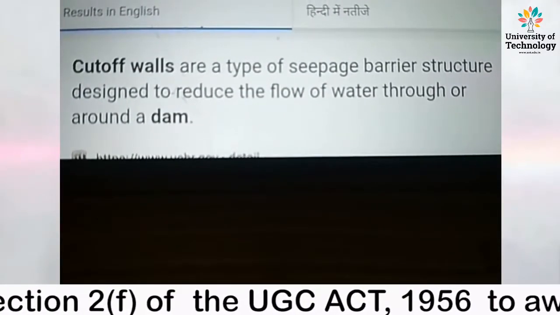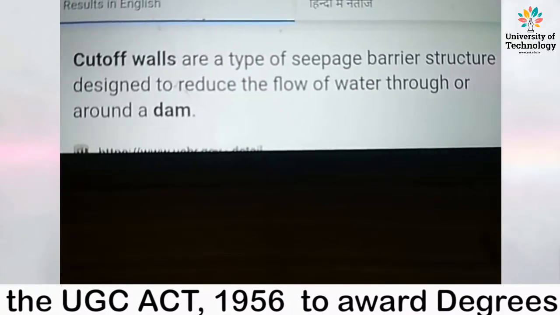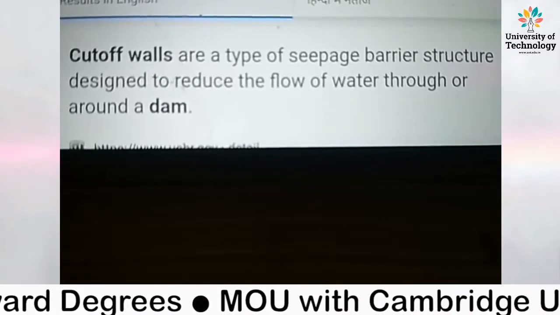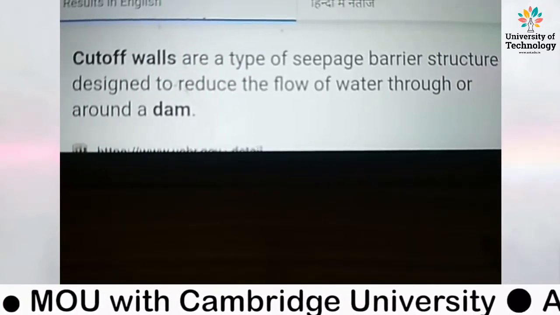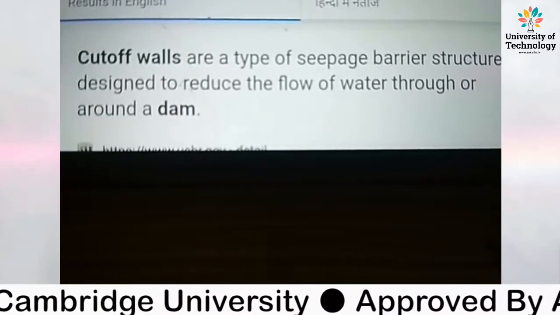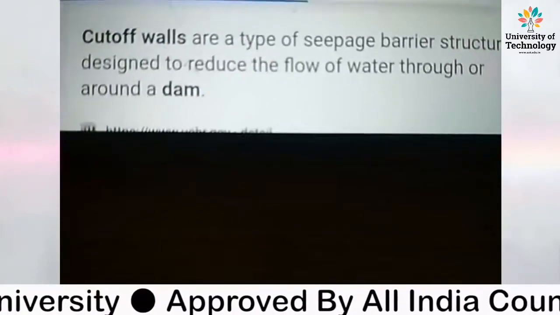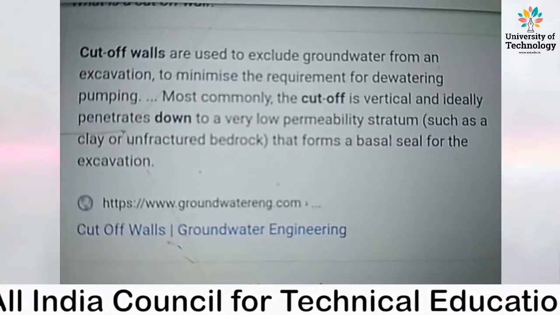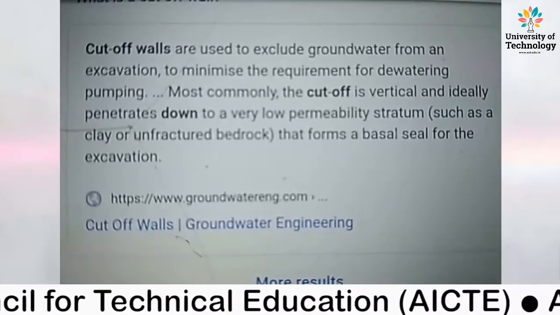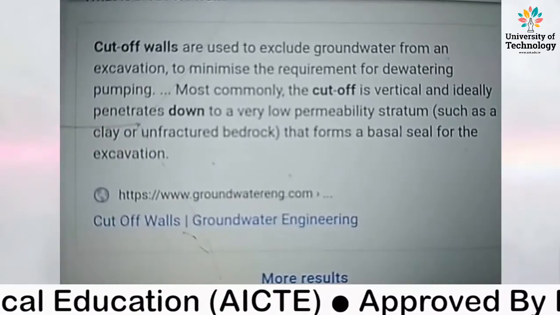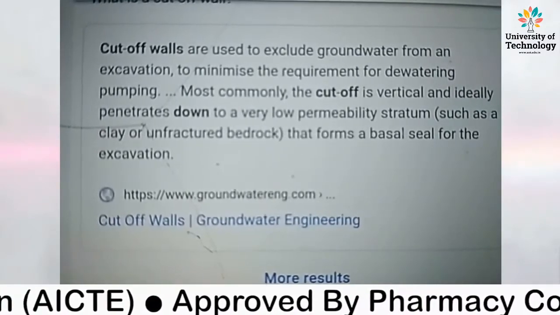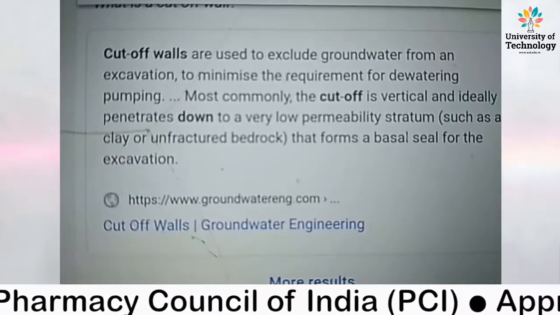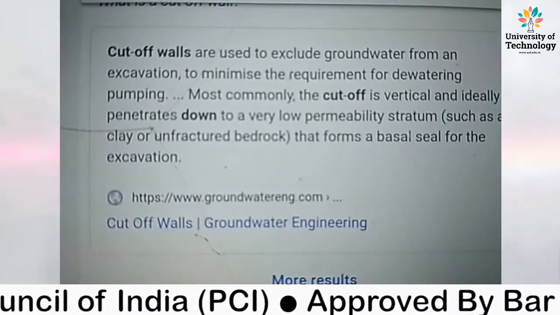So the definition of cutoff wall is: cutoff walls are a type of seepage barrier structure designed to reduce the flow of water through or around a dam. In another way, cutoff walls are used to exclude groundwater from an excavation or to minimize the requirement of dewatering pumping.